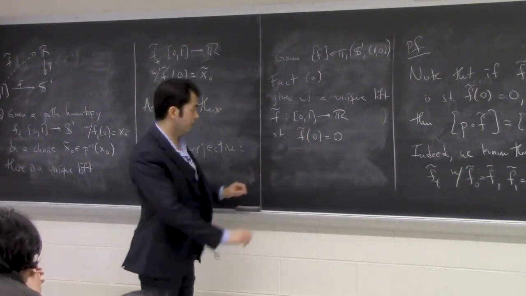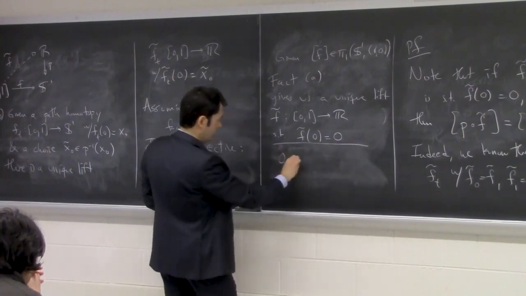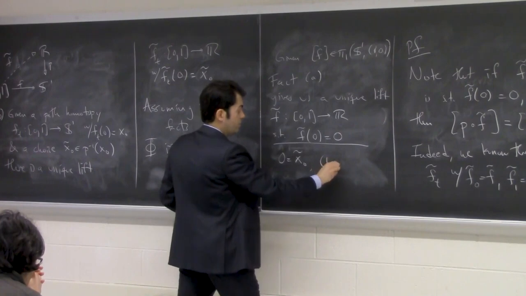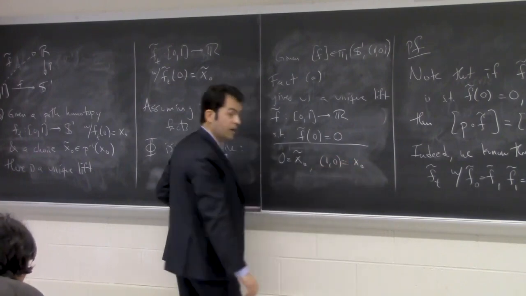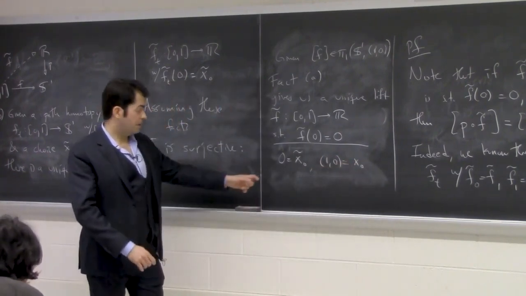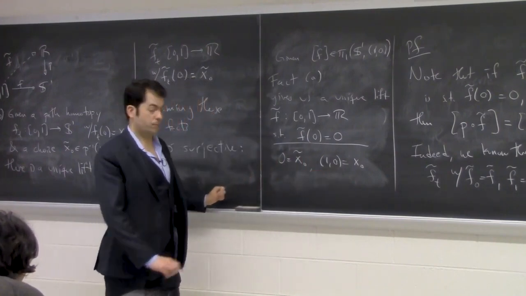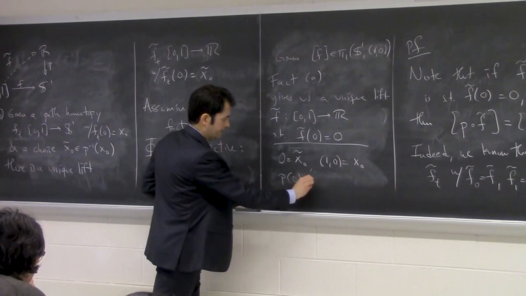So here we're making a choice, right? So 0 is our x naught tilde, 1, 0 is equal to x naught, and the projection maps 0 down to 1, 0 as it should.